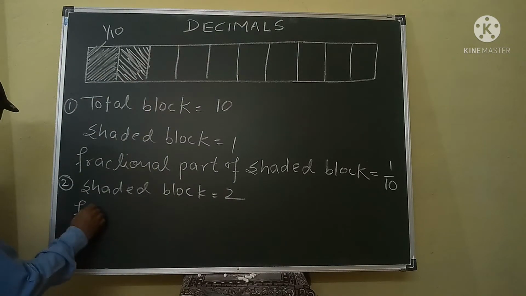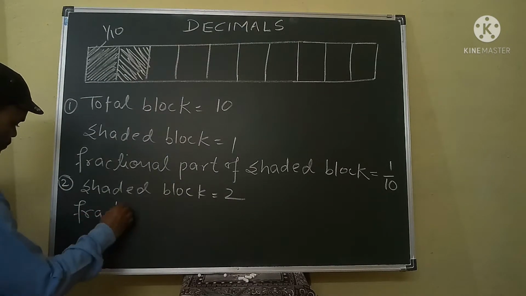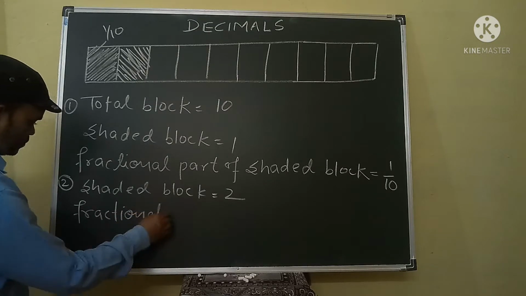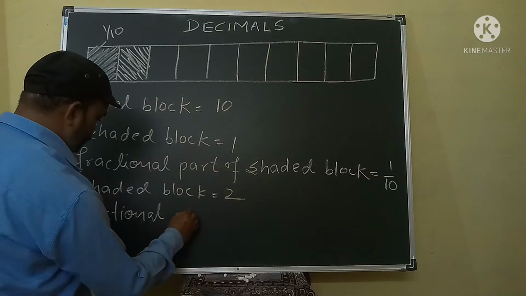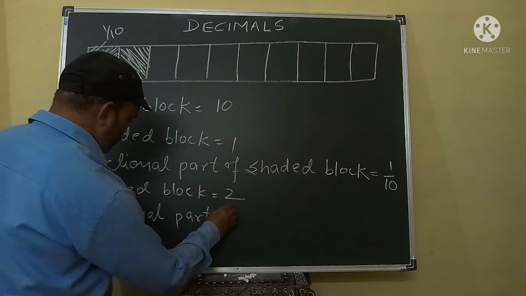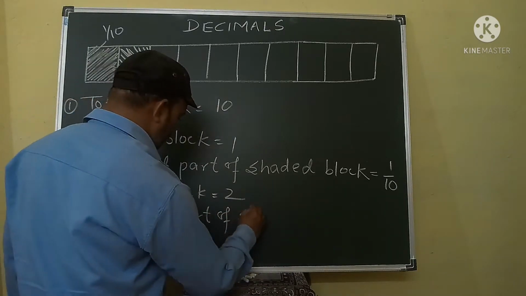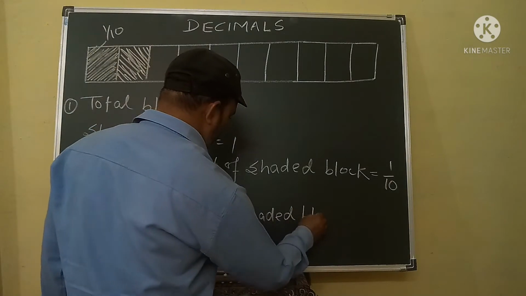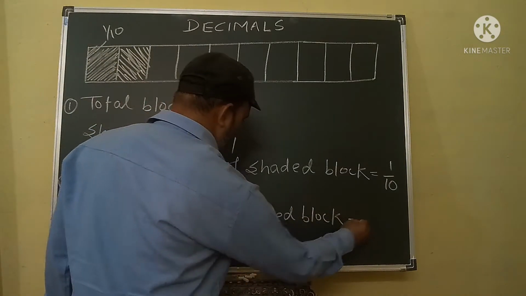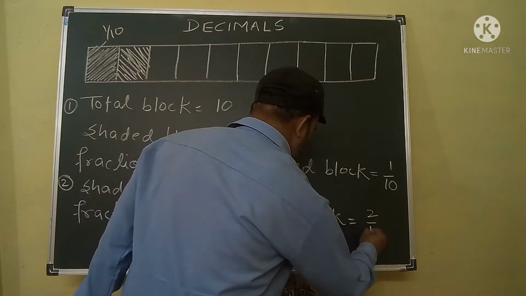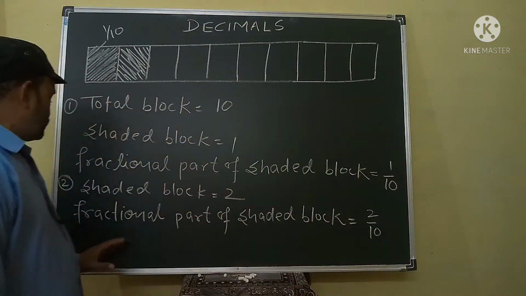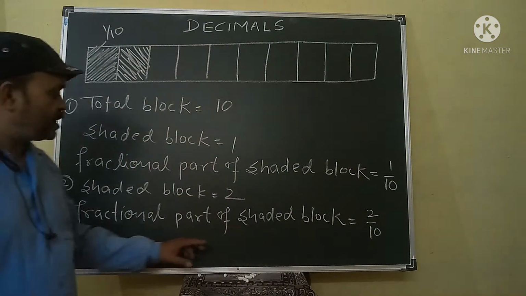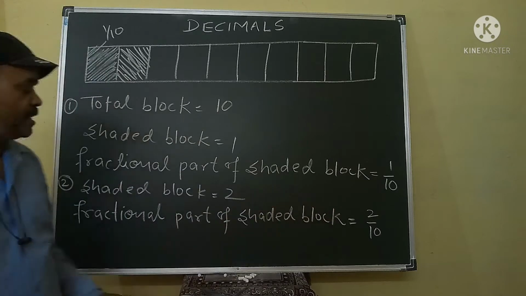So the fractional part of the shaded block is 2 upon 10.